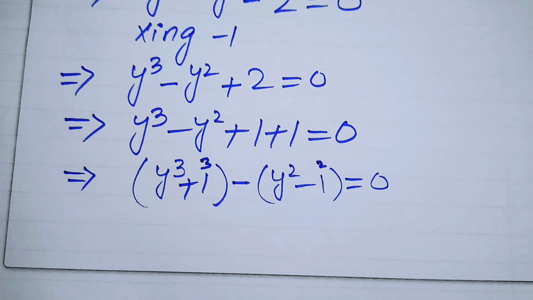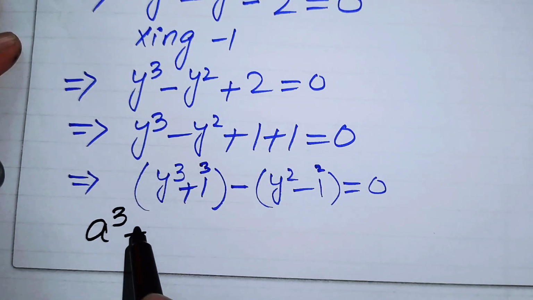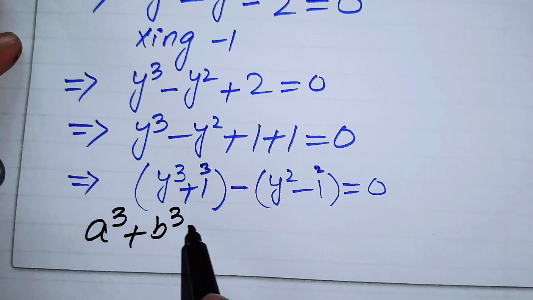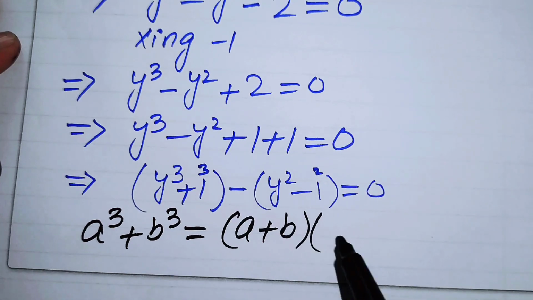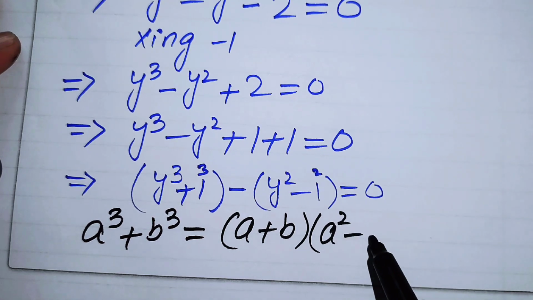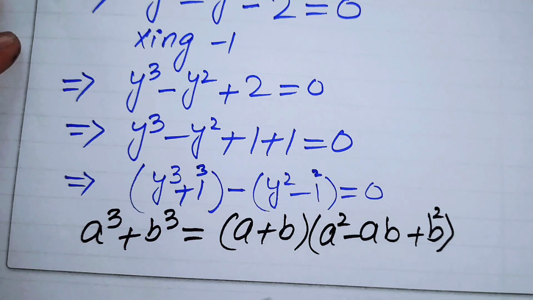So now I can apply two nice formulas. The first is the cubic and the other is the squared formula. If you have a cubed plus b cubed, it is equal to a plus b times a squared minus ab plus b squared.